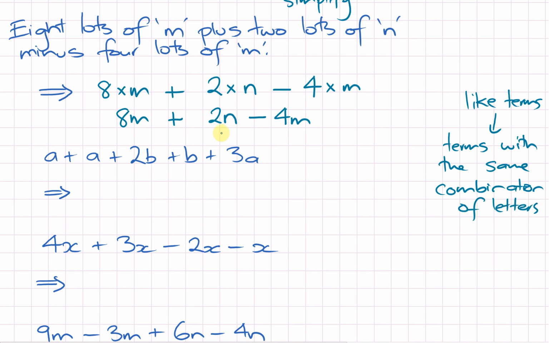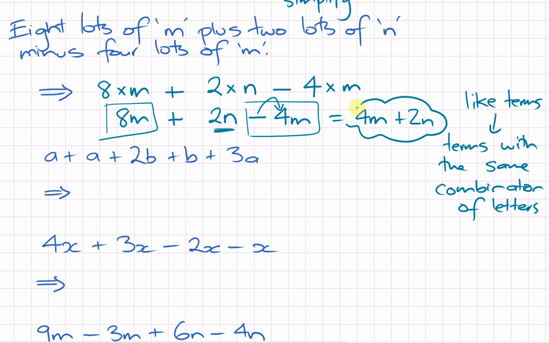So I can't add the n terms with the m terms, but I can collect my m terms together. So I've got 8m minus 4m. So that minus there belongs to that term there. So minus 4m. So 8m minus 4m will give me 4m. And then I've got that 2n left over. So this is my final expression, simplified.